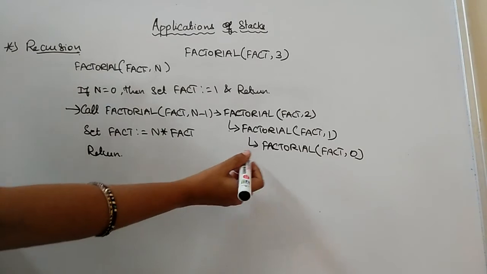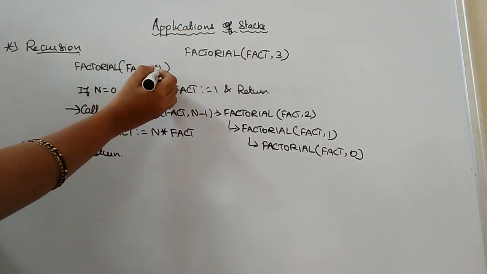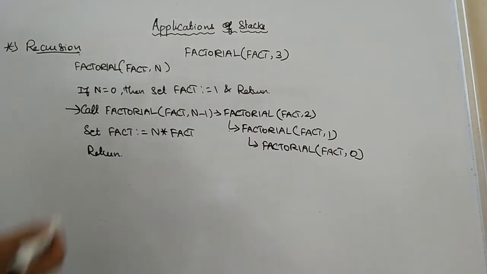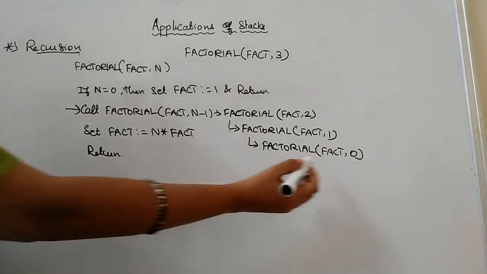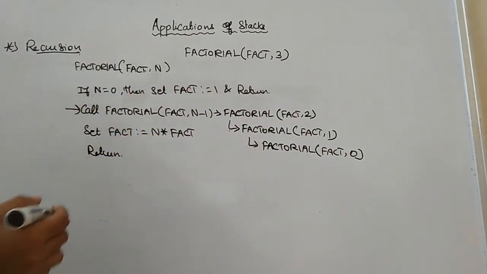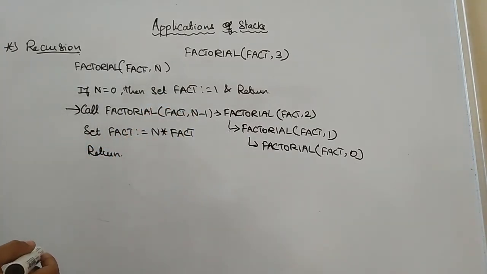So you check here, 0 is assigned to n and the condition is checked. N is equal to 0, because here we have passed 0. So we set fact := 1 and return.